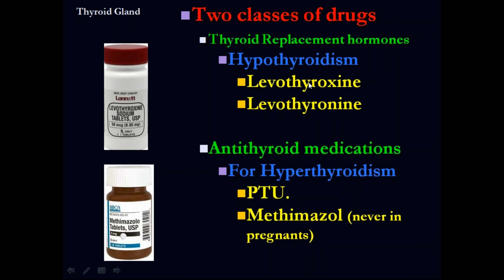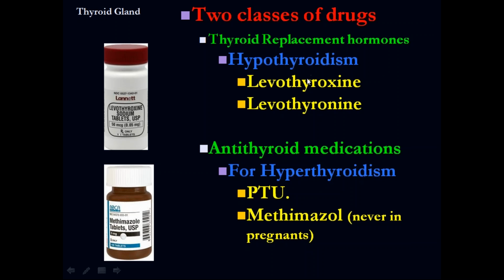Levothyroxine is T4, and T4 needs to turn into T3. T3 acts immediately, so the action of T3 is faster than T4, because the active form is T3. T4 is not acting because it needs to transform into T3 first.